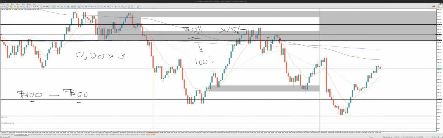Before this move happens, also calculate, you estimate pips to the next nearest zone. So you already know you're going to get 100 pips, right? So you're risking 30% to make 100%. If this trade doesn't go your way, you're going to lose 30% of your account, which is $30. If this trade goes your way, you're going to make 100% of your account, which is $100, okay?